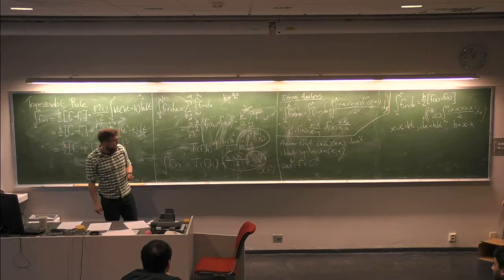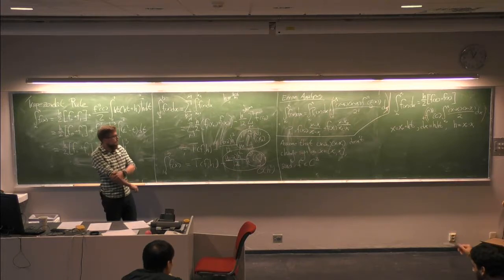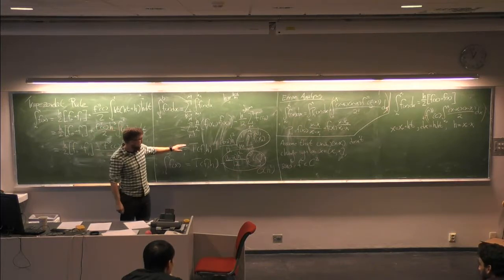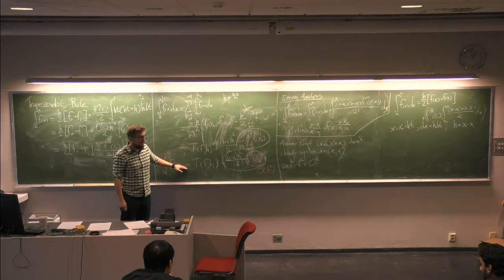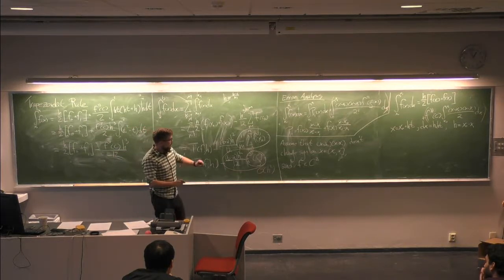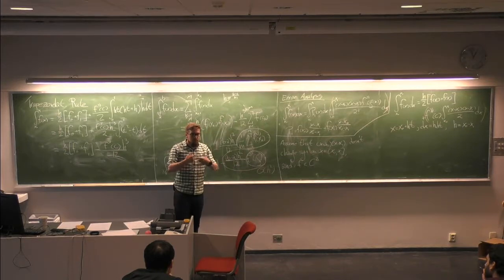Oh, so from here to here? Yes. Only that on paper you should specify where this is. I tried to say it now, but I didn't write it on the blackboard.